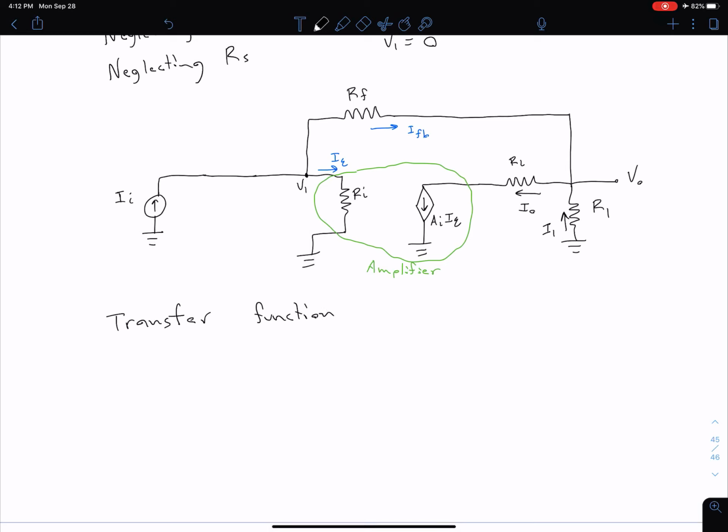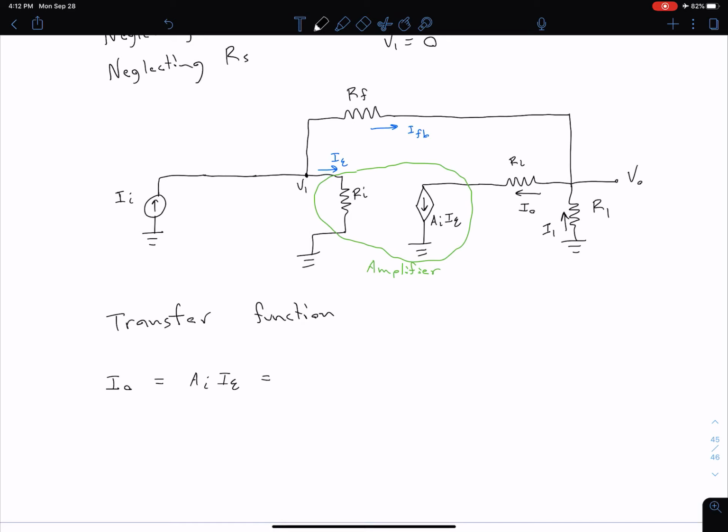Okay, so let's start by looking at our output current. Since we're neglecting that R naught, we don't have R naught for our op-amp model, we're saying our output current is just equal to that dependent source value, which is A sub I times our error current.